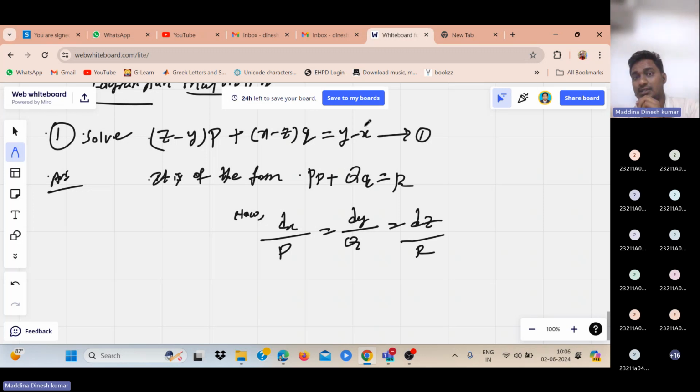Sometimes they will give this term on the left hand side also. You need to transfer the term from the left hand side to the right hand side, and only then consider that one as R. Otherwise the sign variation will come.